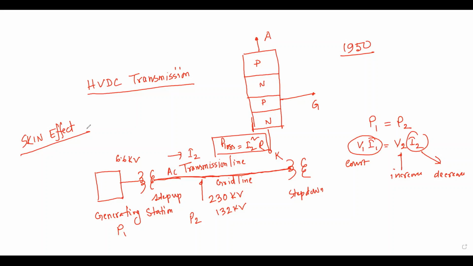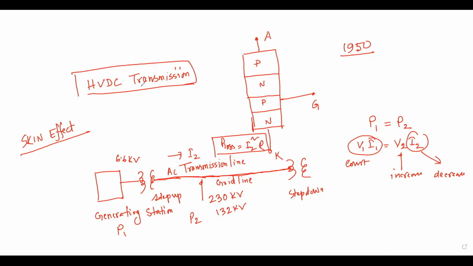And also the transmission line width must be increased, so it is also expensive. Because of all these things, for a very long distance transmission line, HVDC is preferable.